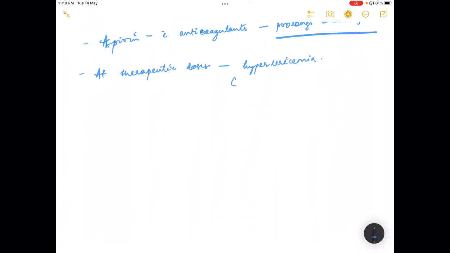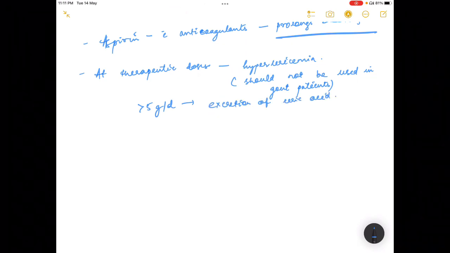At therapeutic doses, aspirin causes hyperuricemia. So it is avoided in gout patients. However, at high doses, greater than 5 gram per day, it causes excretion of uric acid. But such high doses are not usually tolerated.